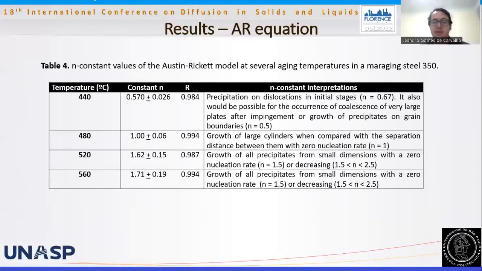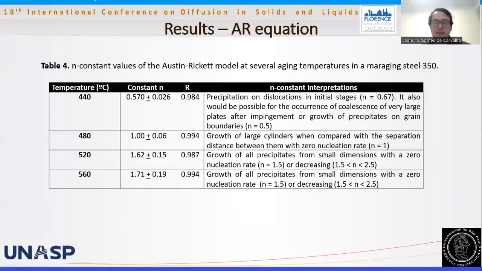For 520 and 560 Celsius degrees, the n constant interpretation is the growth of all precipitates from small dimensions with zero or decreasing nucleation rate.